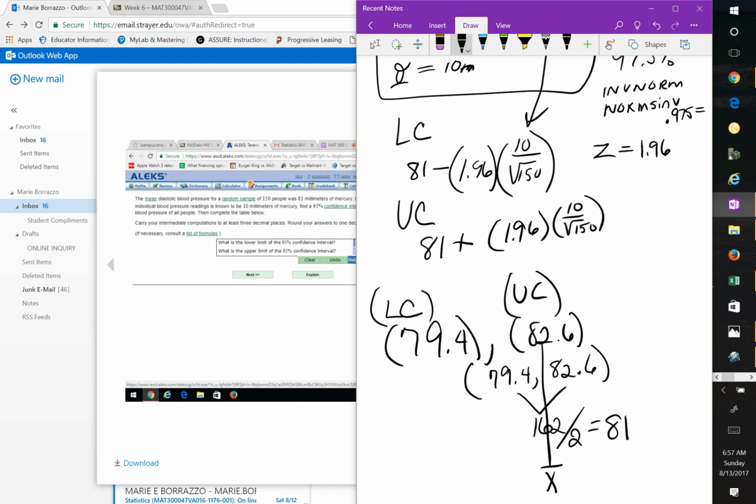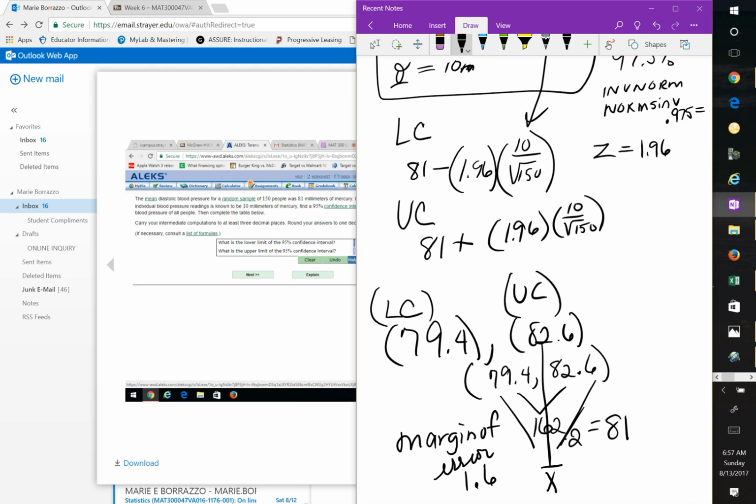The distance from these respectively is what we refer to as the margin of error. And it is the same on both sides. It is a distance, so it's always positive. So in this case, if I were to subtract 82.6 minus 81, I would have a difference of 1.6. So my margin of error for this data set is 1.6.